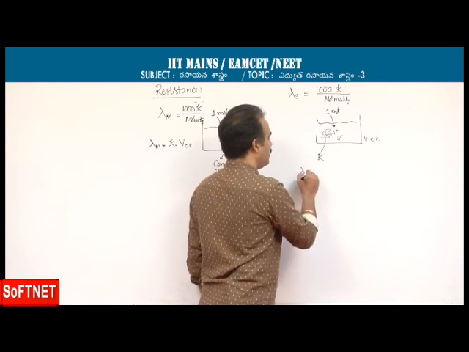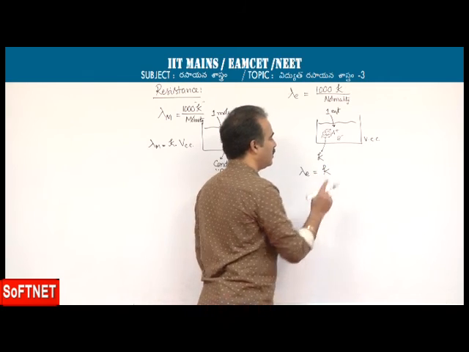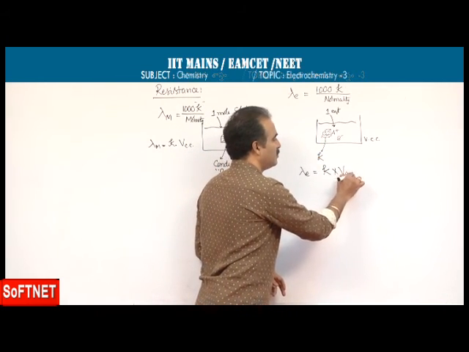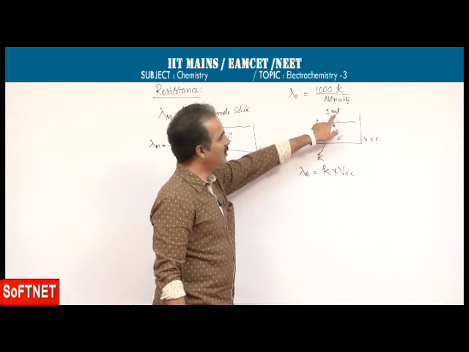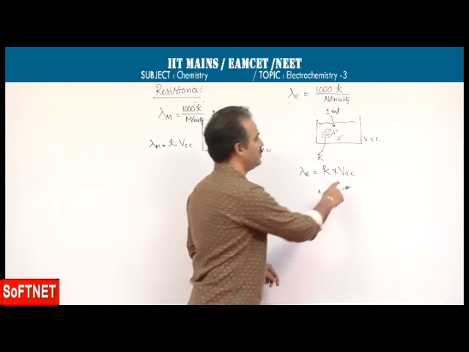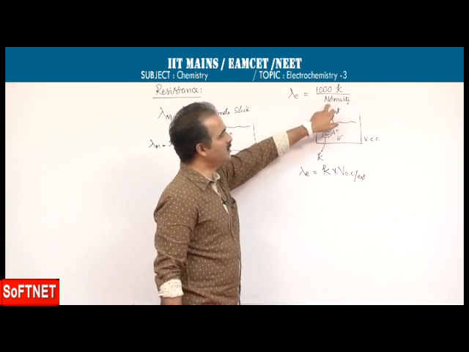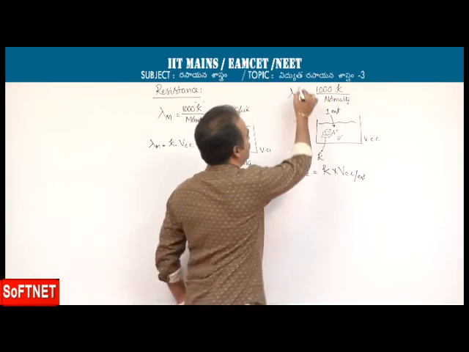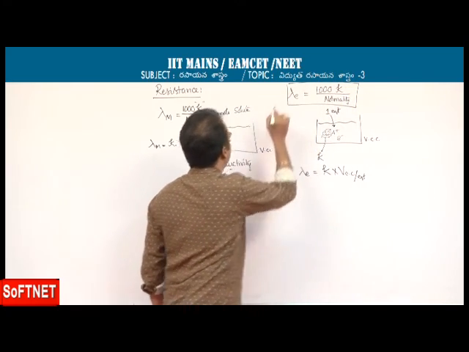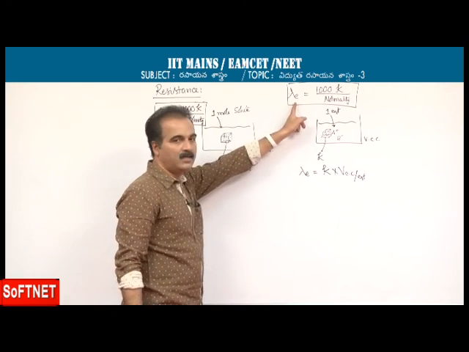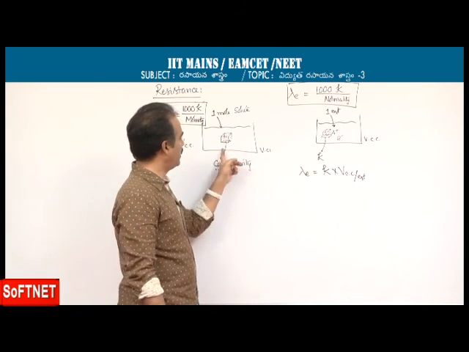Altogether, equivalent conductance is conductance due to 1 cc into total volume of solution. Total volume of solution in cc containing one equivalent, that is V cc per equivalent. So, this is nothing but 1000 K by normality. This is one more formula to calculate molar conductance and equivalent conductance of electrolytes.